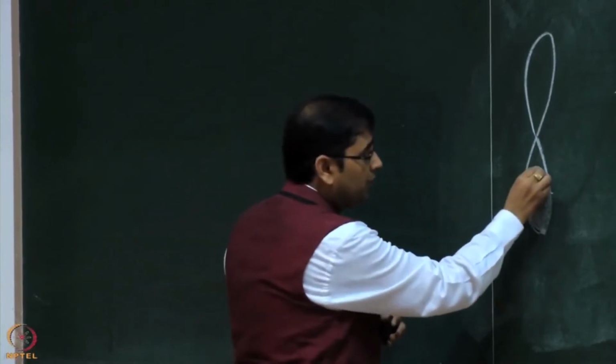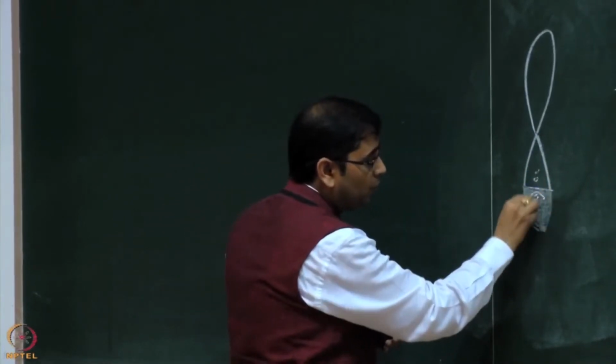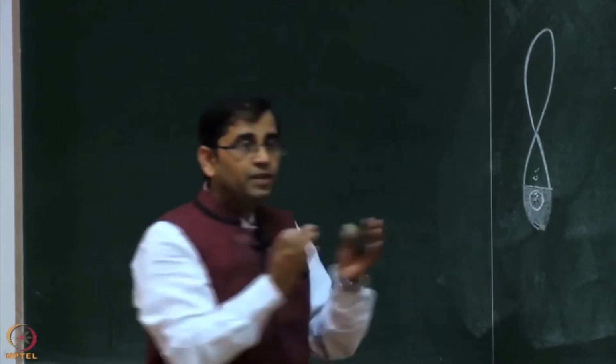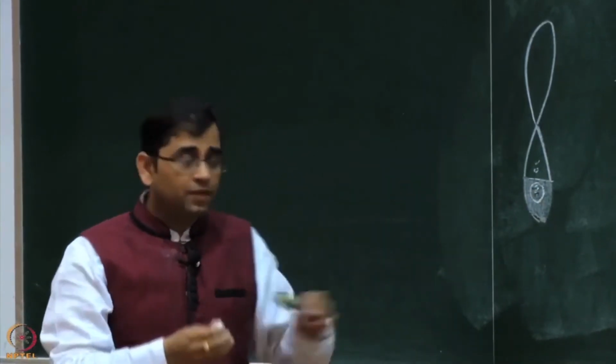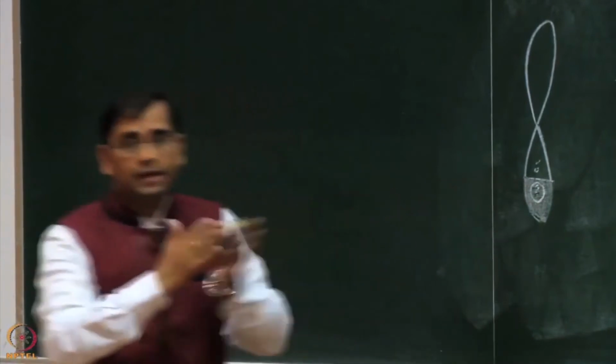But if these 2 genes are here or here, they are going to be linked, right? If they are very close to each other, even if they are getting recombined, they are still transmitted together. So a higher proportion of these look like they are linked to each other.